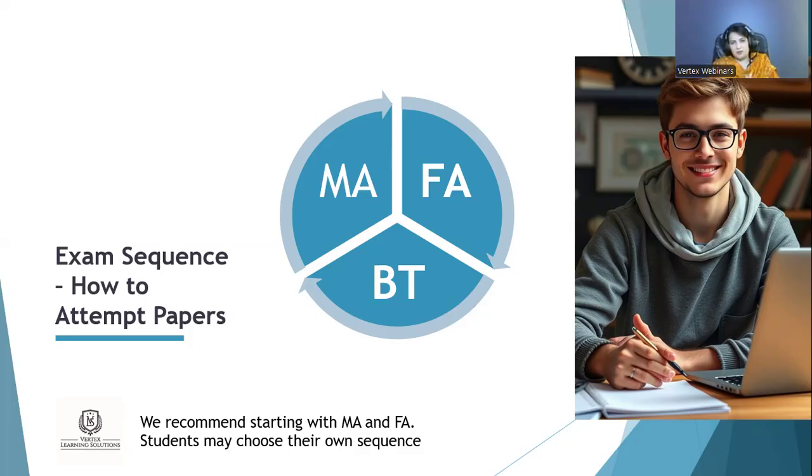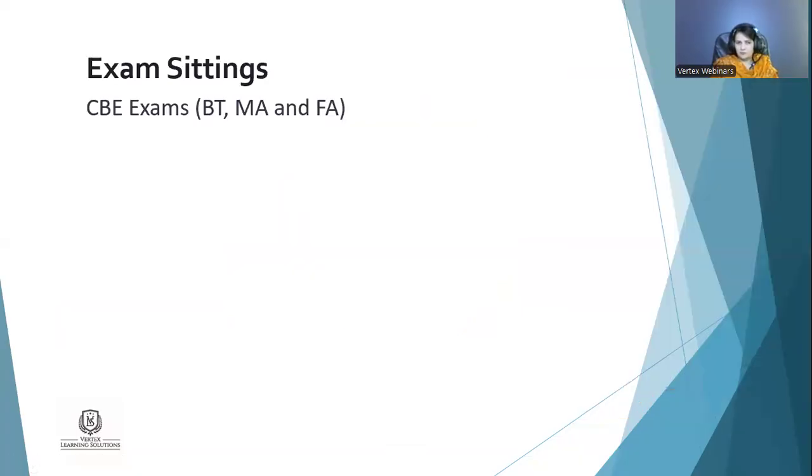You can start together, do both papers, and after some time, if you're confident with MA, you can appear in the exam for the MA paper, and you should have at least a 15 days to 1 month gap between these two papers. Some students I have seen attempt on the same day or after just a 1 day gap. Maybe some of you are thinking how it's possible, aren't there exam entry dates?